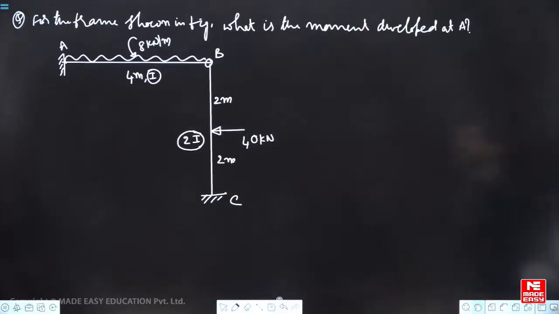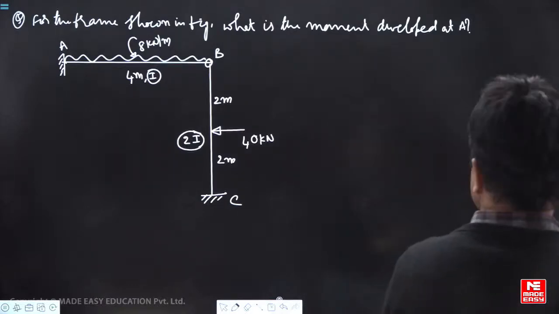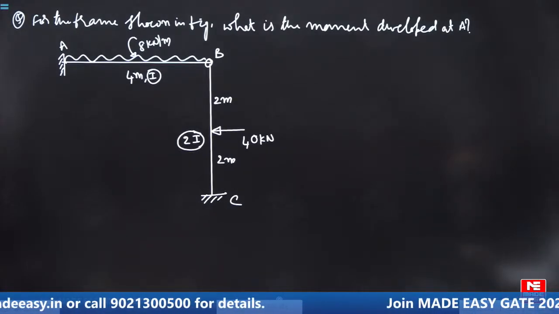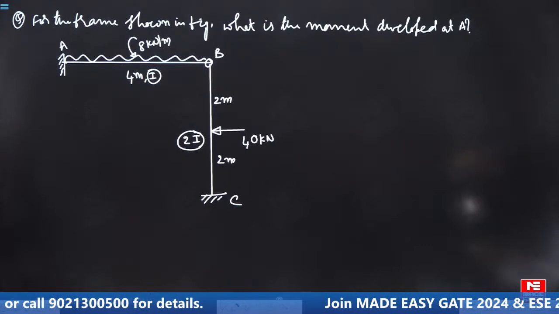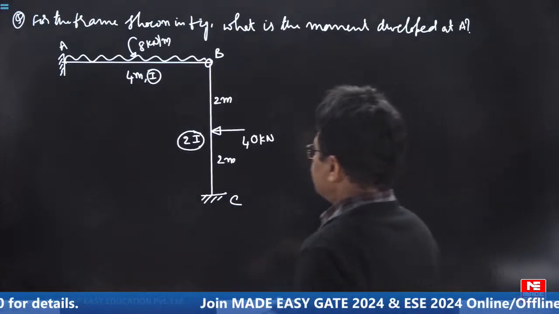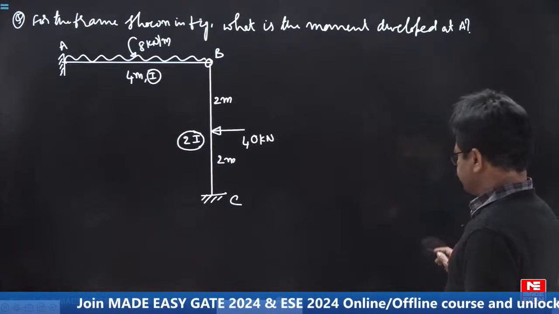Next, for the frame shown in figure, what is the moment developed at A? Now let us see the deflection profile. We can see this one from this.